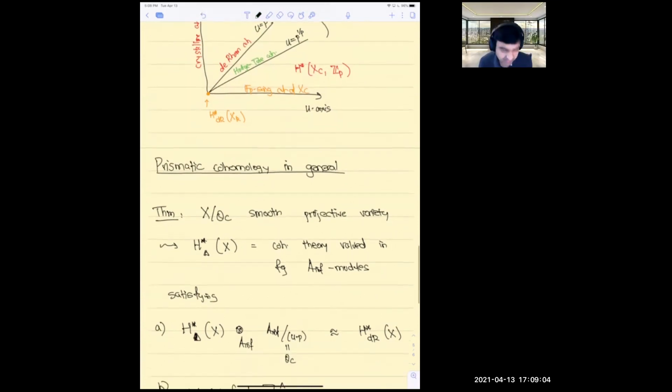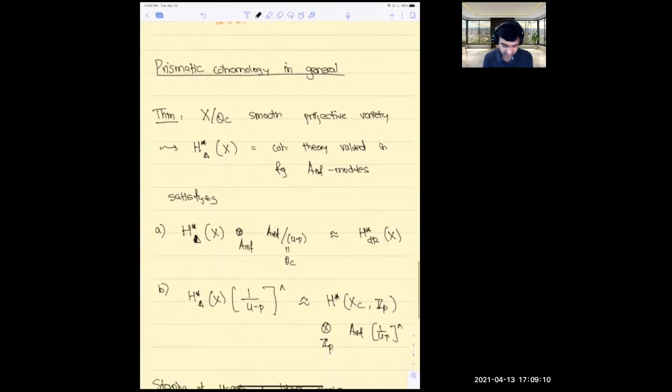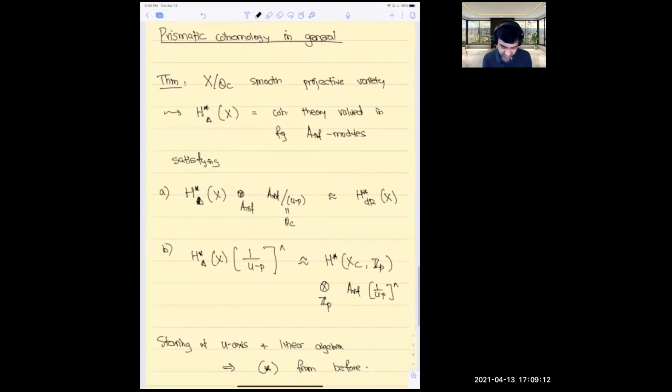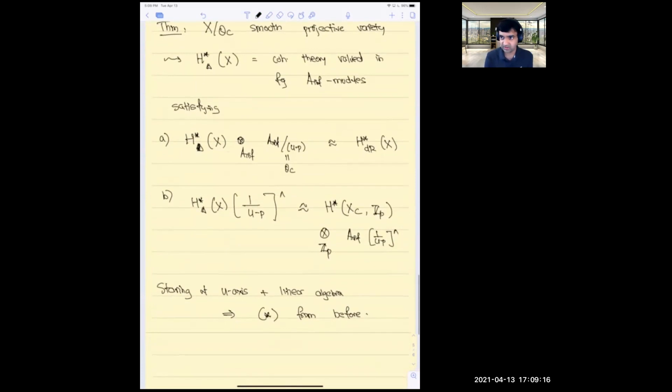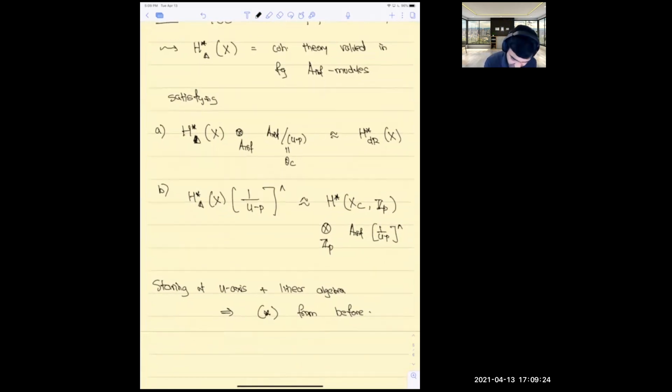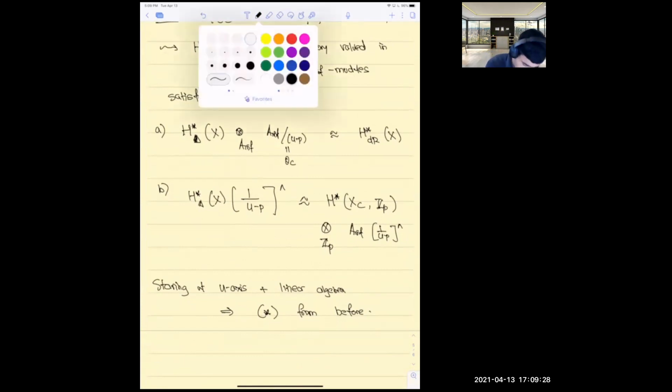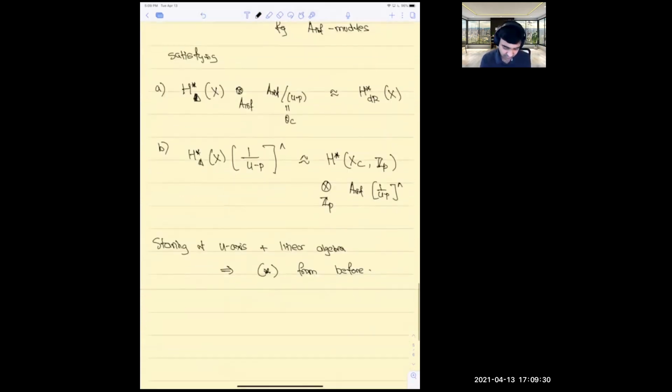Okay, so that was my attempt at telling you what prismatic cohomology is, and also what it does for you. What it is is a cohomology theory which has these comparison isomorphisms, and what it does for you is that it gives you this inequality star that I started off the talk with. What I want to do in the rest of the talk is give you a little bit of context. Where did this actually come from? As I said, we were not trying to prove this inequality star, nor were we trying to interpolate between cohomology theories.